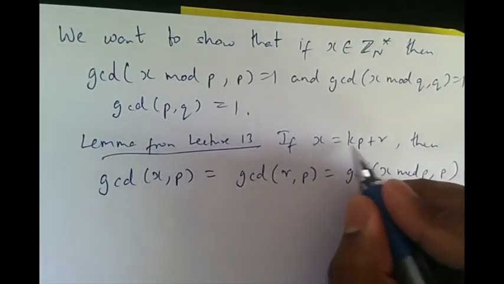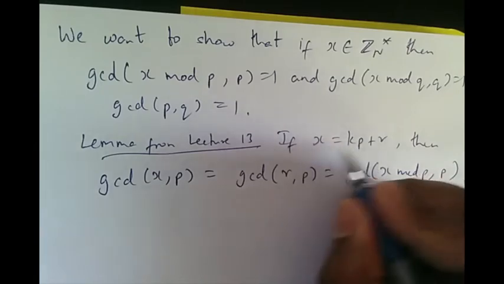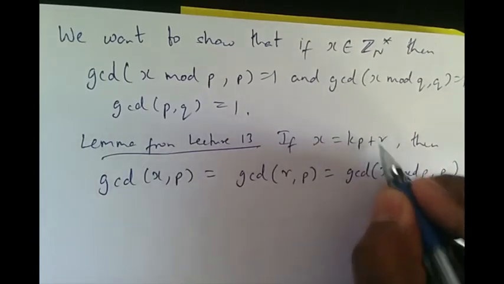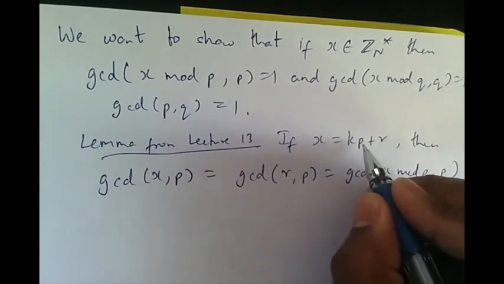So if you divide x by p and you get some remainder r, the GCD between x and p is going to be the same as the GCD between p and r.